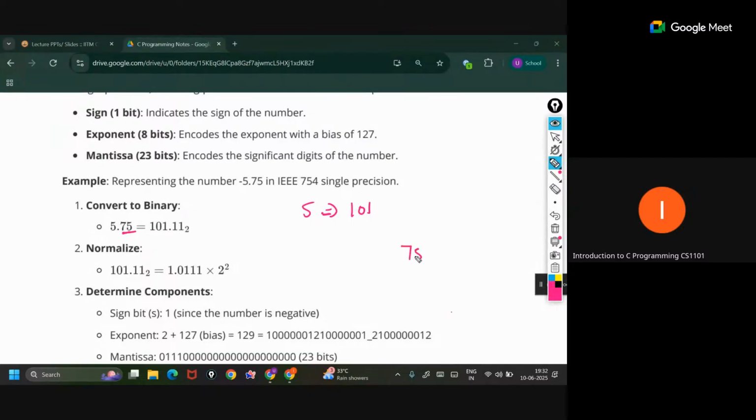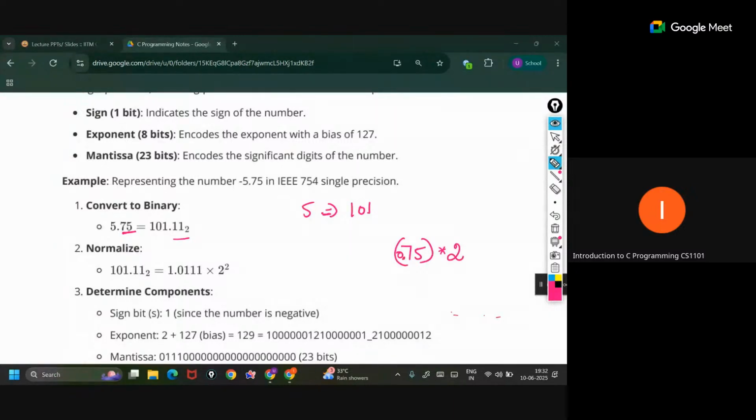For the part after the point, I have to multiply by 2. So how to do this, people? Any idea? We multiply by 2 first.